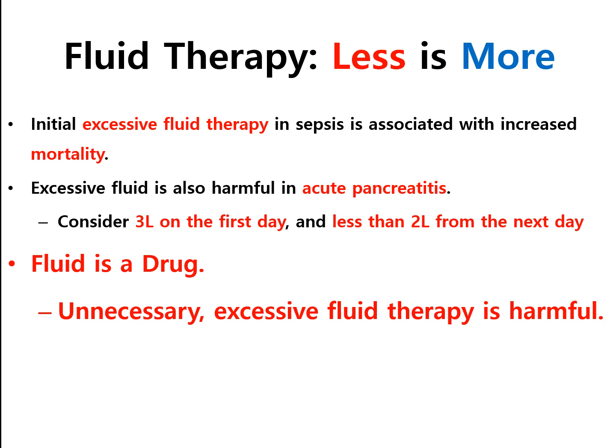To summarize the key takeaways from the research, initial excessive fluid therapy in sepsis is associated with increased mortality. Excessive fluid is also harmful in conditions like acute pancreatitis. Fluid is a drug; unnecessary excessive fluid therapy is harmful.